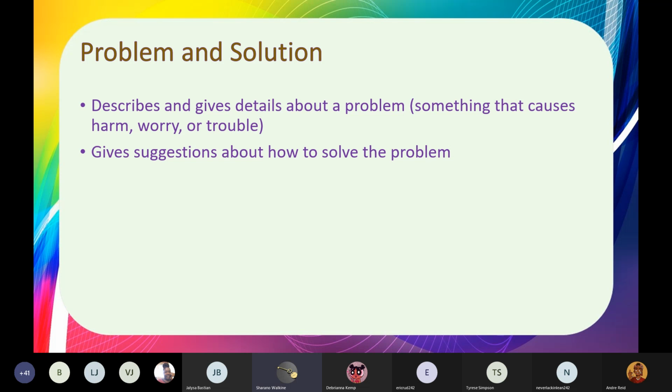So I complain before I offer a solution, I complain some more, right? If that's you, you need to change, man. We need problem solvers. Okay, so problem and solution.